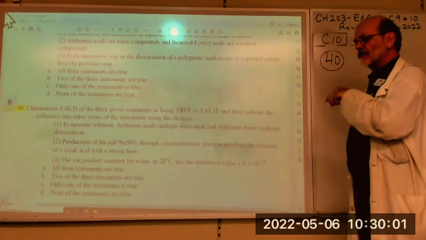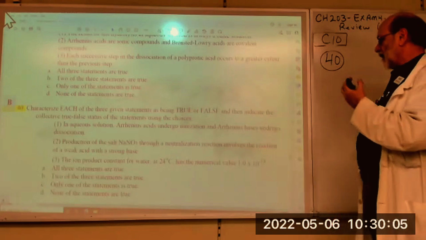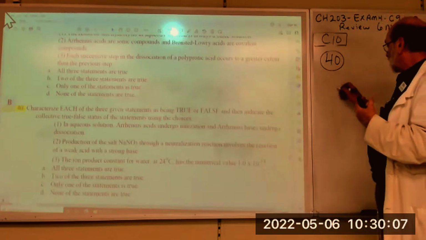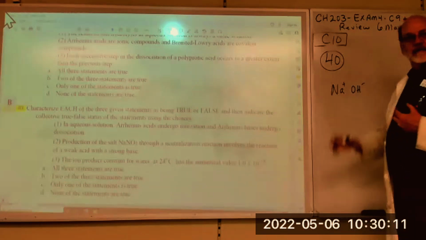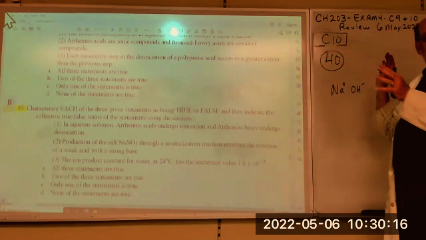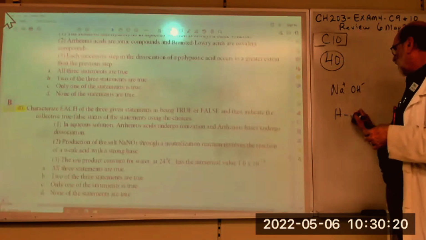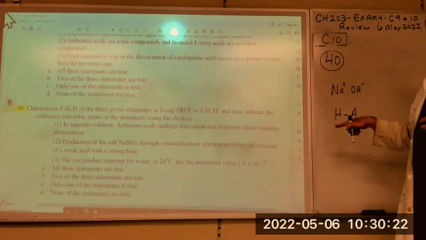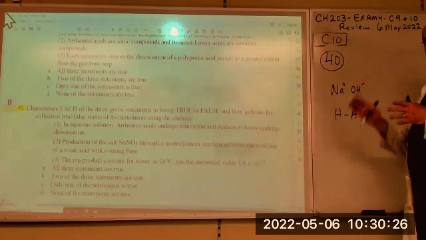Acids ionize to produce the hydrogen ion. And bases are a combination of a cation and a polyatomic anion, and all they have to do is dissociate. But acids have a covalent bond between those two, so they must ionize. So one is true.